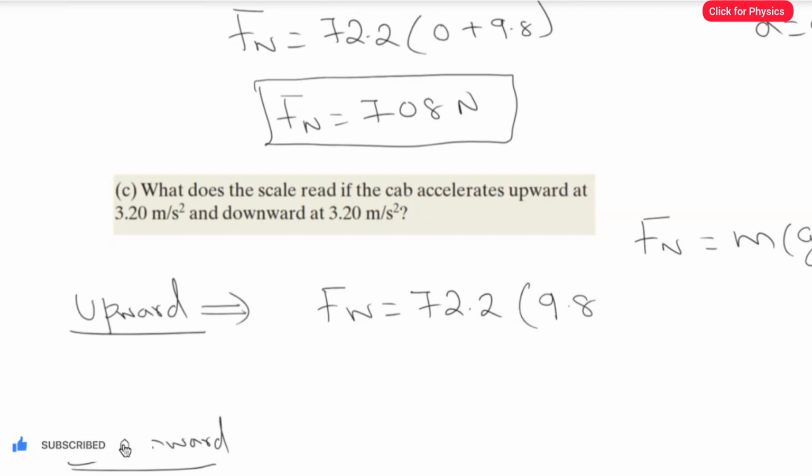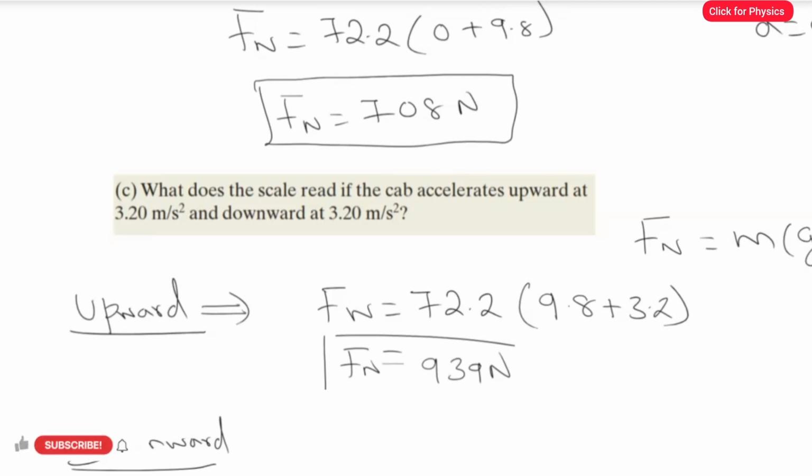So let's see the answer. 72.2 multiplied by 9.8 plus 3.2. Here I got the answer as 938.6. Let's round it to a single digit. So 938.6, I can write this number as 939 Newton. So this is the answer for the upward motion.